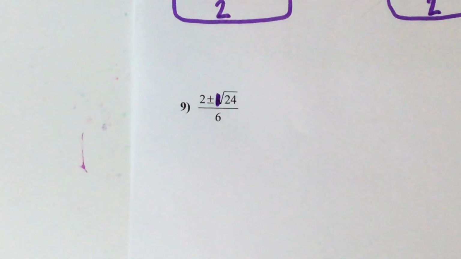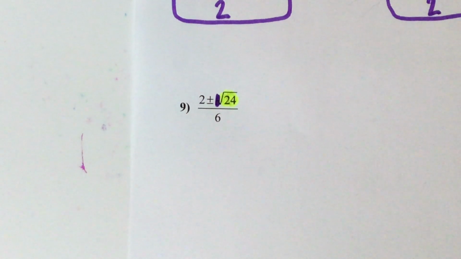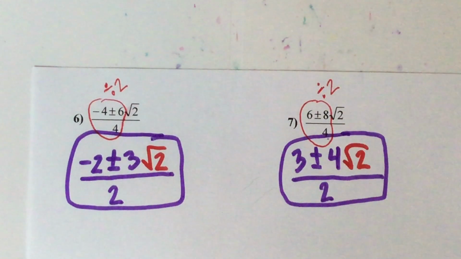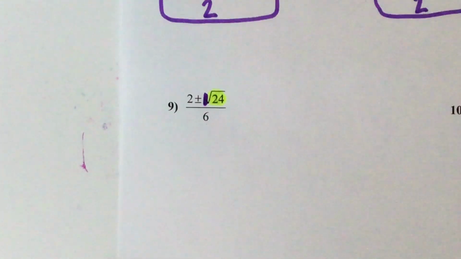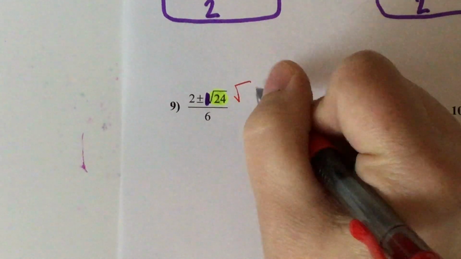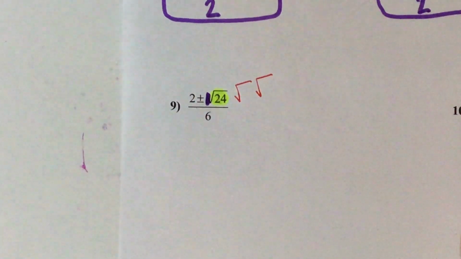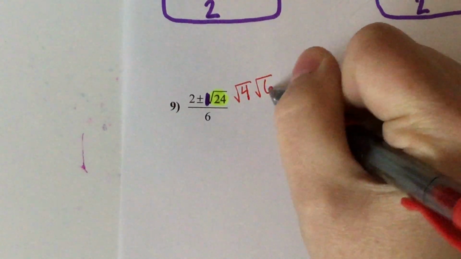Okay, so when we have a problem that looks like this, I didn't talk about it on 6, 7, and 8 because I couldn't break down the square root of 2, and I can't break down the square root of 6, but I can break down the square root of 24. So we're going to break down the square root of 24 like we did on the front page. Who's the largest perfect square that can go into 24? 4, how many times? 6 times.